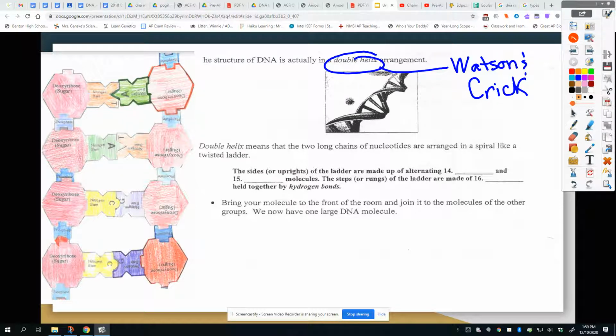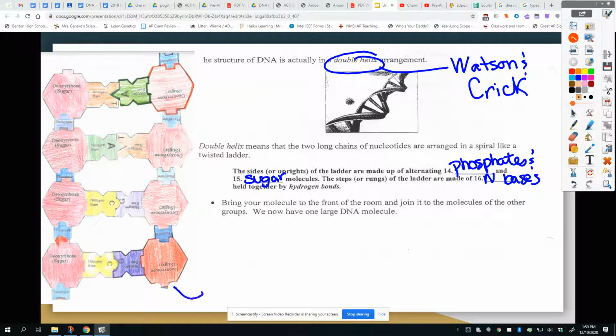Sometimes it's also called a spiral staircase, but double helix is the actual name of the shape of DNA. The sides of the ladder are made up of alternating phosphates and sugars, and the steps of the ladder are made up of the nitrogenous bases.